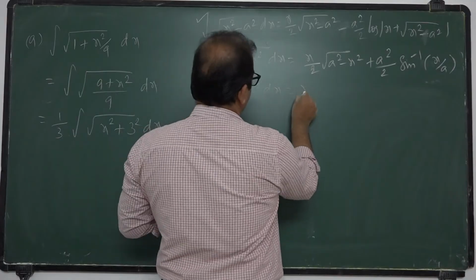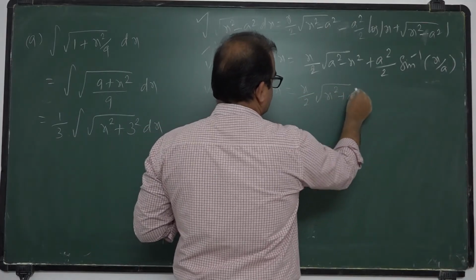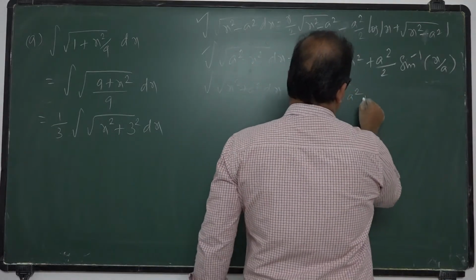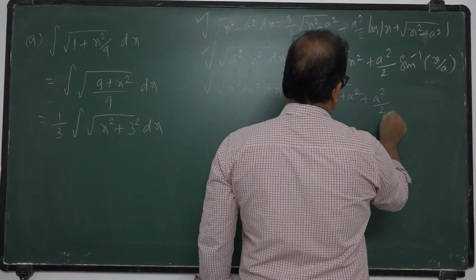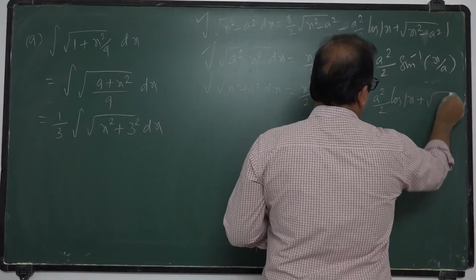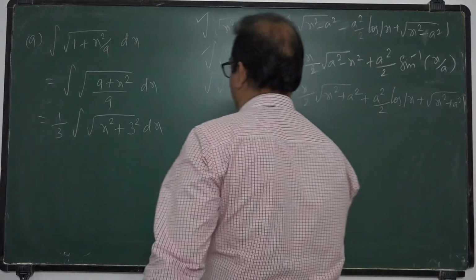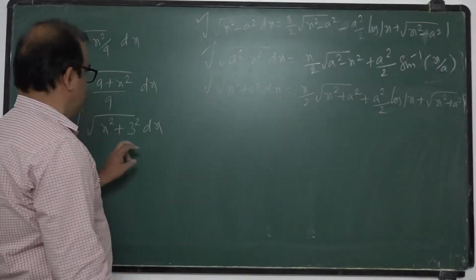So this is x/2 into root of x square plus a square plus a square/2 into log mod x plus root of x square plus a square. Apply this formula.